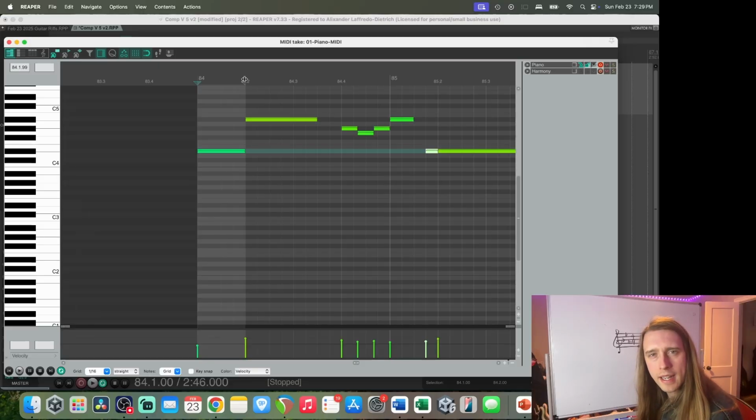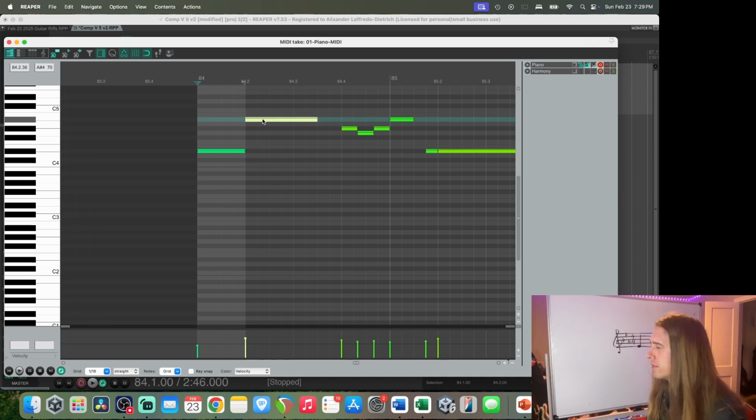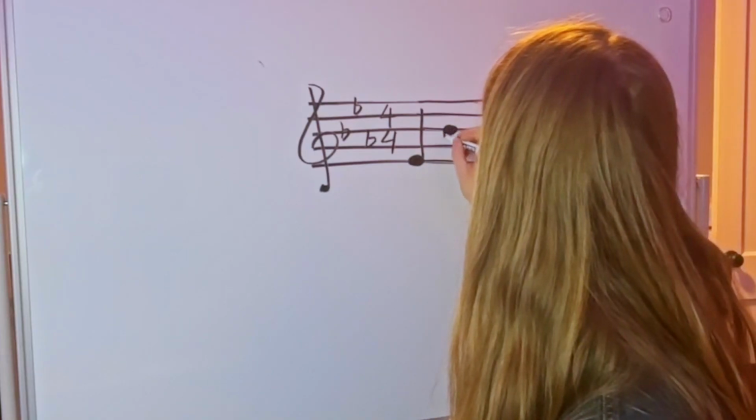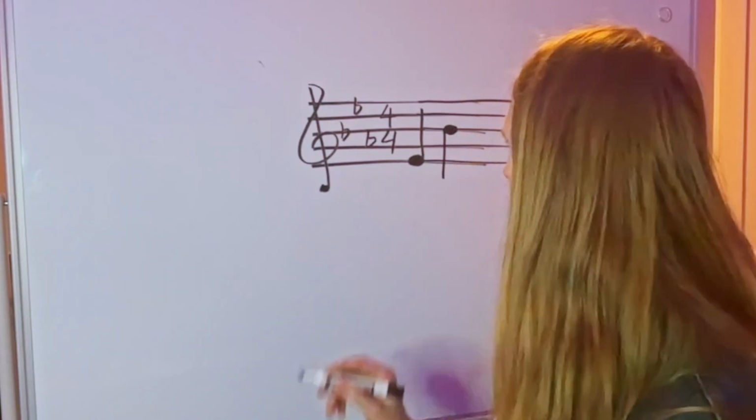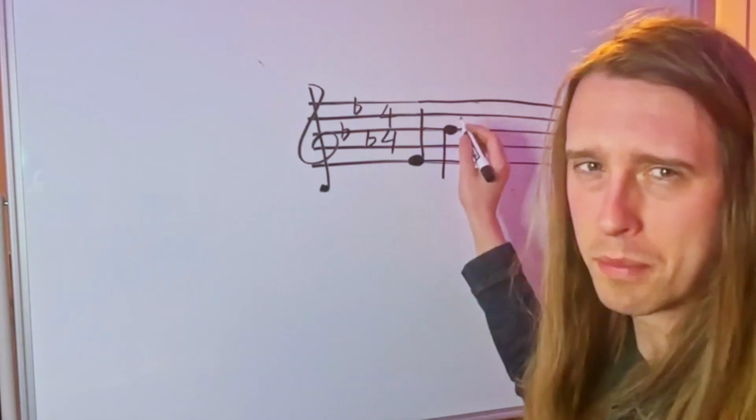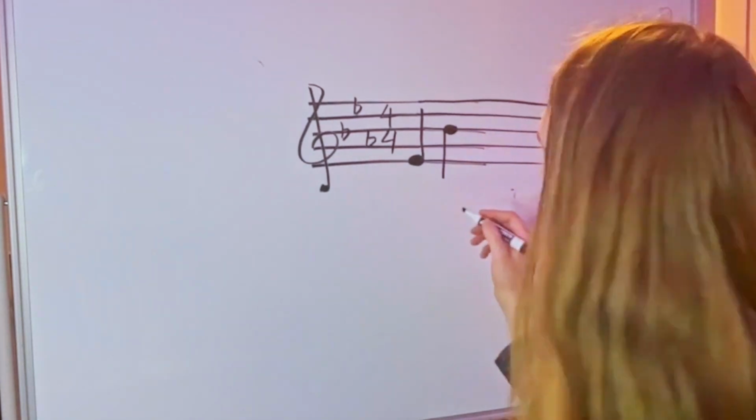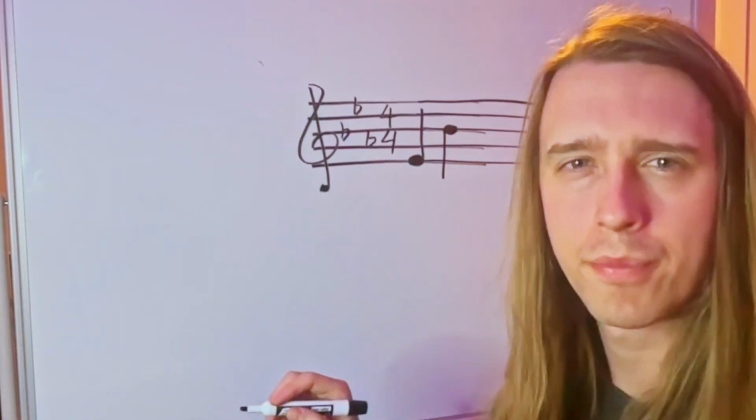And then I have what looks like to be a dotted quarter B flat. So generally, if they're above the middle, you pull the stems down. Just makes it easier to read.